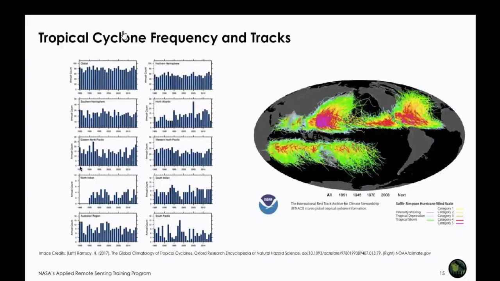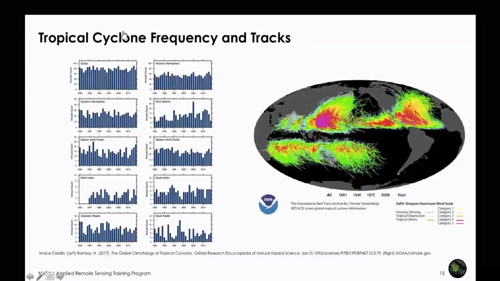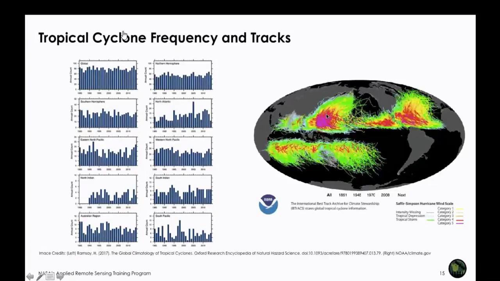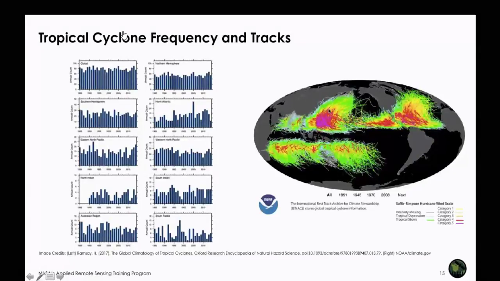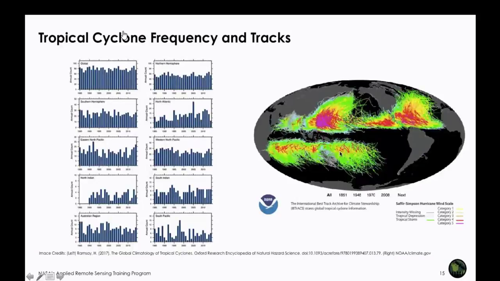Okay, so moving forward, in the same region that we saw, these are the tropical storm frequency and tracks. This is from NOAA, and what you see here is the intensity of the storms. The strongest storms are in red, pink and purple, and you can see where strong, intense storms form.